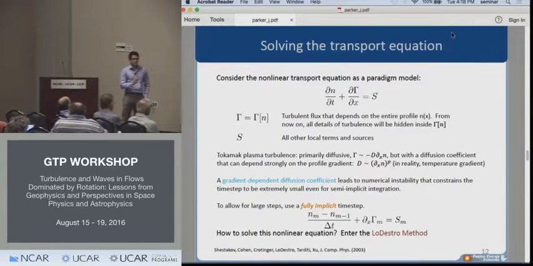So really the method is what I'm going to present. The fusion community has been aware of this kind of multiple timescale problem for a long time, but how to do this numerically is a problem which I don't think has really been addressed.